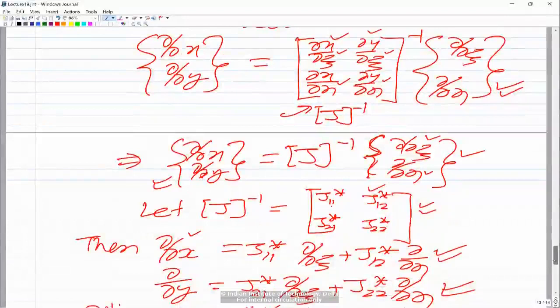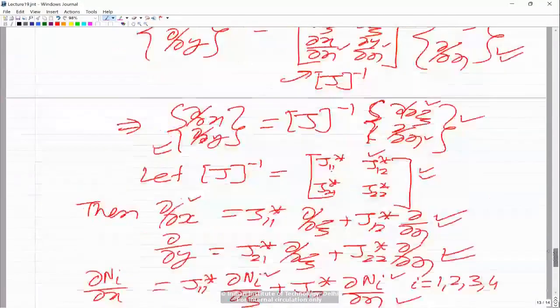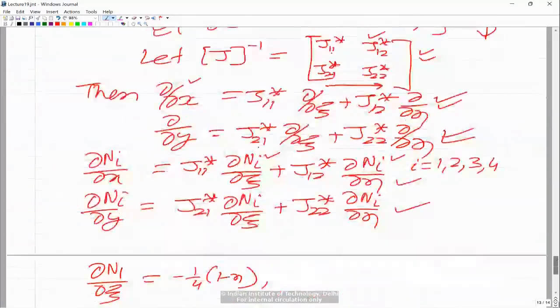Similarly, if you take the second row, this row multiplied with this column, you get J21 star into del by del xi plus J22 star into del by del eta. And now you can operate these operators on any function. Our specific interest is to get the derivatives of shape functions with respect to x.